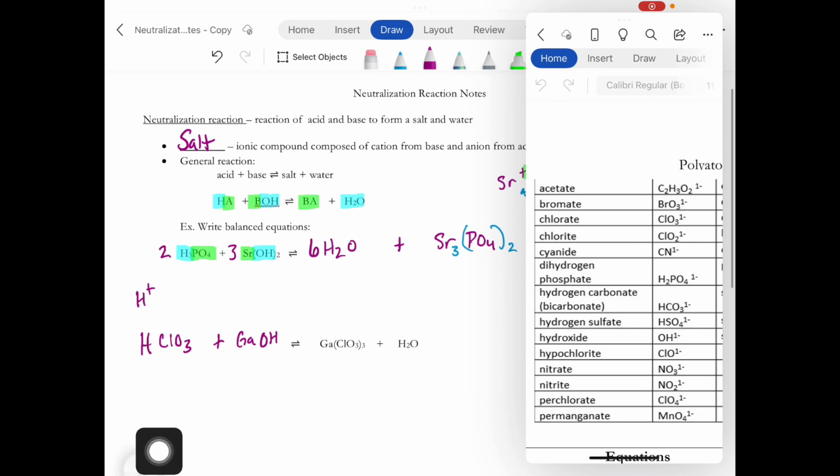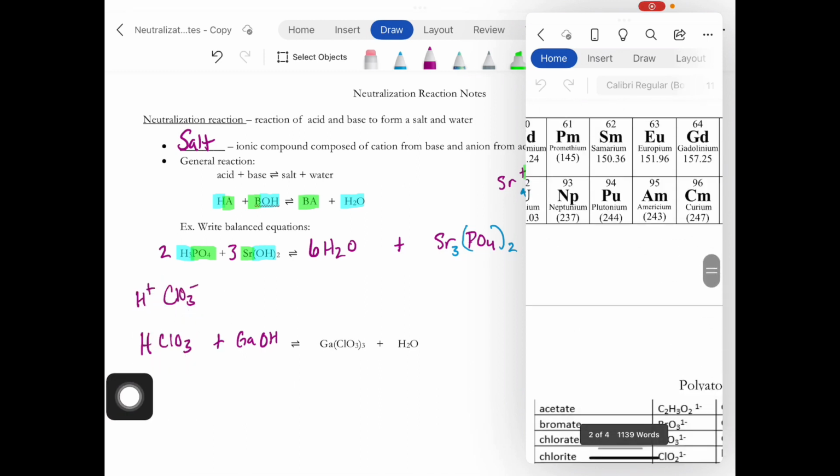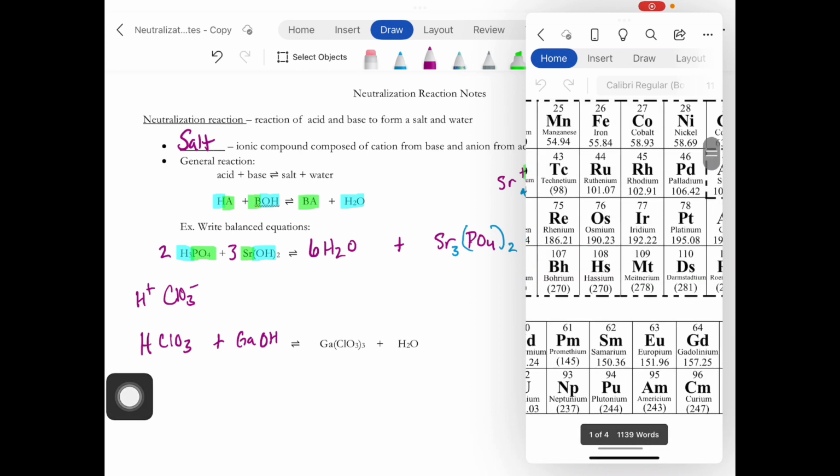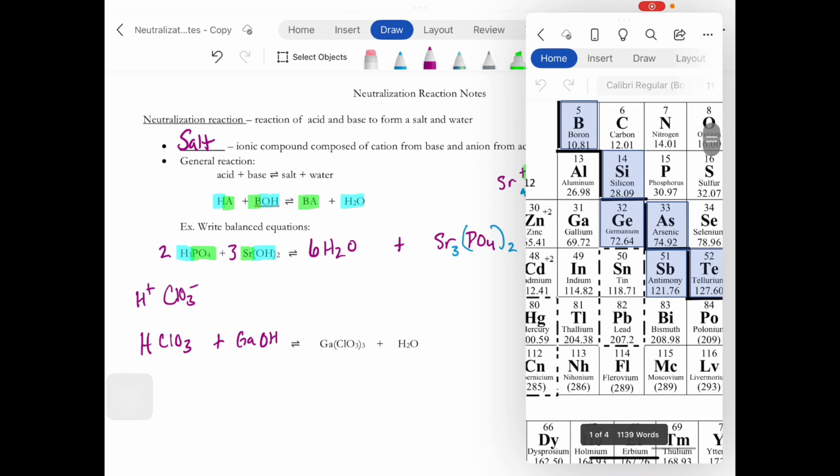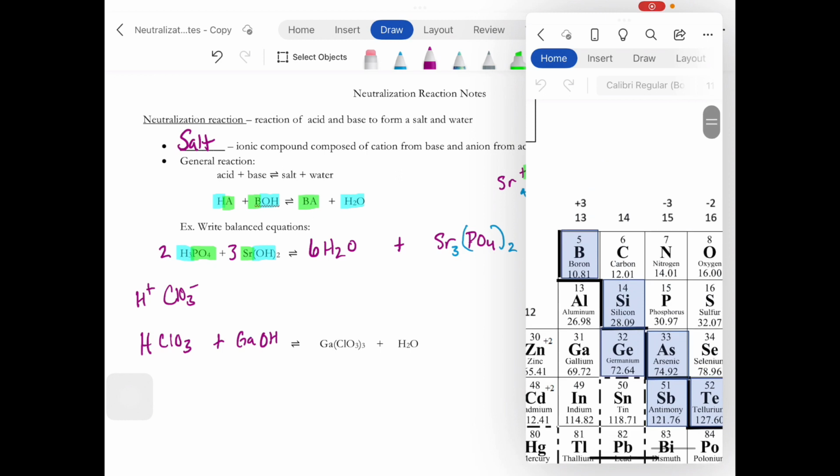ClO3 is a -1. So that one's good. Don't have to cross over ones. Gallium is right here. It's a +3. And then OH, if you remember, is a -1. So we do need to cross that 3 over, which means we would need 3 hydroxides.